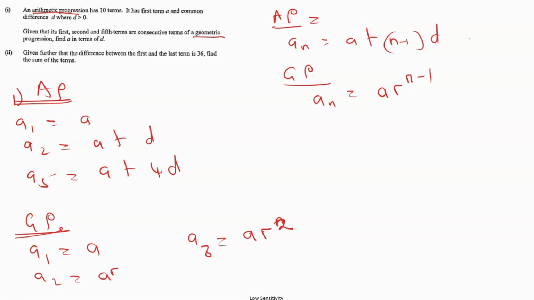Let's go to the second part here. Using these terms, we know that a equals a for sure. And we know that a plus d, which is the second term of the arithmetic progression, is equal to the second term of the geometric progression, which is ar.